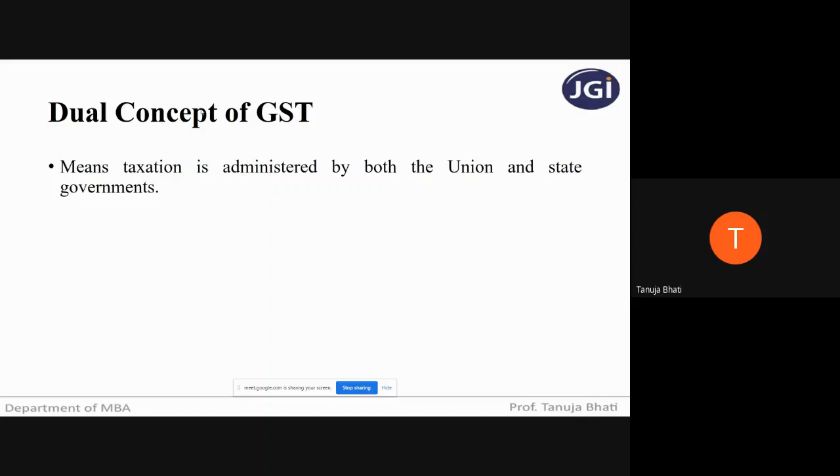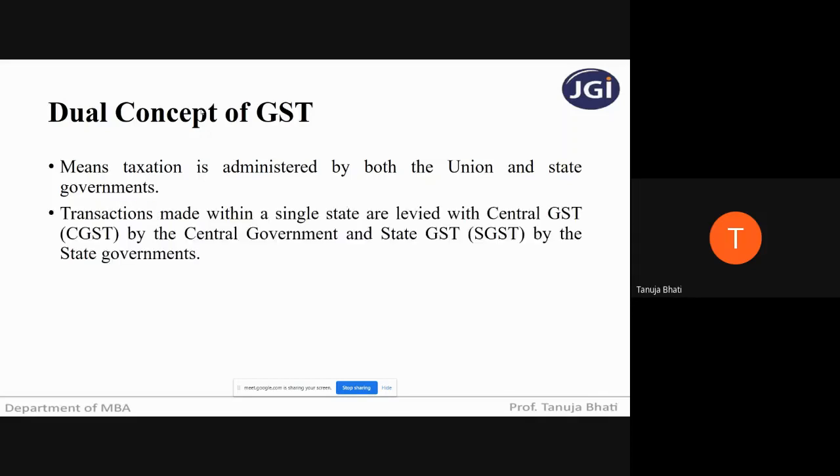It is not that only the center will get the amount of GST, or only the state will get the amount of GST, or that they have their own legislations. But GST is called dual concept because here both the union as well as the state government have to do the administration of GST.